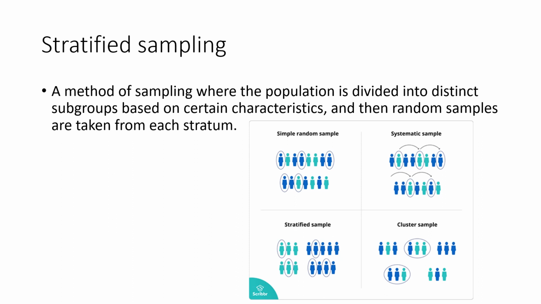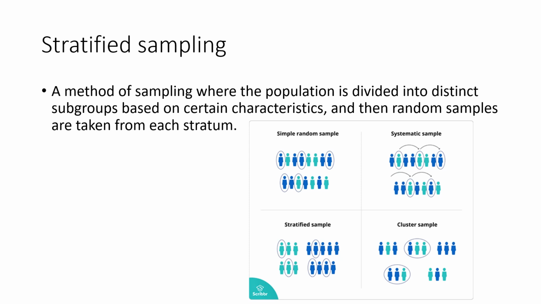Stratified sampling is another method of random sampling where the population is divided into distinct subgroups based on a certain characteristic, and then random samples are taken from each stratum or group. What this means is, for example, again with a class of 20, let's say there were 5 girls and 15 boys in that class, and you want a sample that represents the population. So you would want a 1 to 3 ratio.